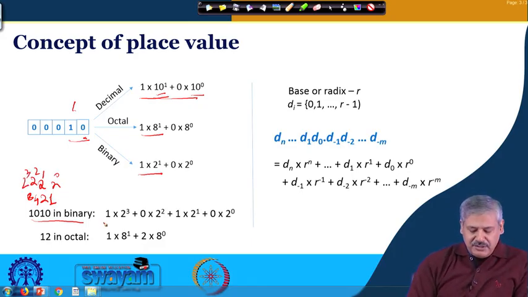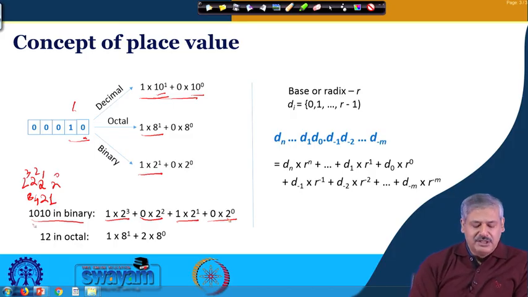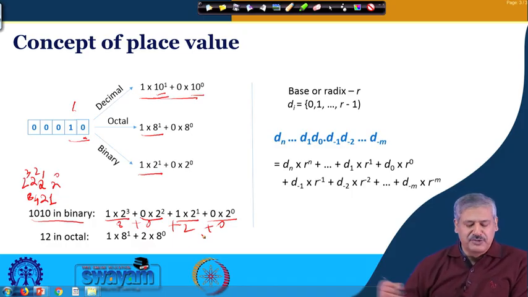So, 1 0 1 0, 1 into 2 to the power 3, plus 0 into 2 to the power 2, 1 into 2 to the power 1, and 0 into 2 to the power 0. If we look at the odometer, the example that we had seen in the previous slide, if you add them up, this is 8 plus 0 plus 2 plus 0. So, 10. So, it was decimal 10 equivalent that we had seen in the last row.